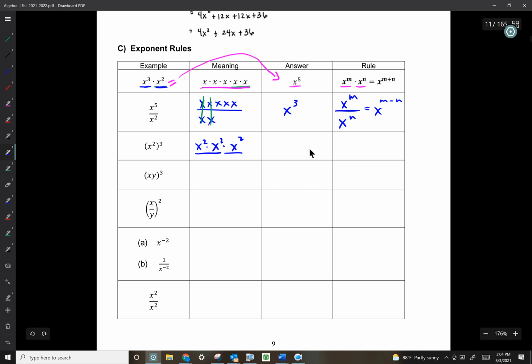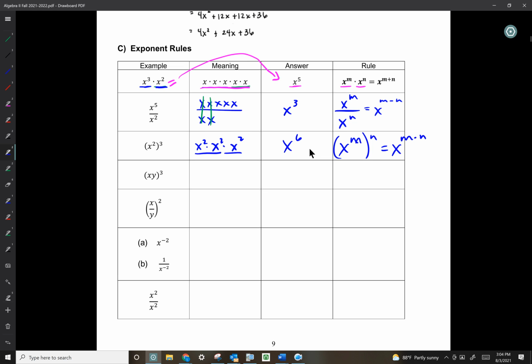And then if I multiply that by the x squared, add my exponents, I'm going to get x to the 6th. But the rule is, if you have one power of x, I didn't want a 2 there, I wanted to write it generically, we'll say an m. If you have one power of x and then you raise it to another exponent, the shortcut is you would just multiply those 2 exponents.